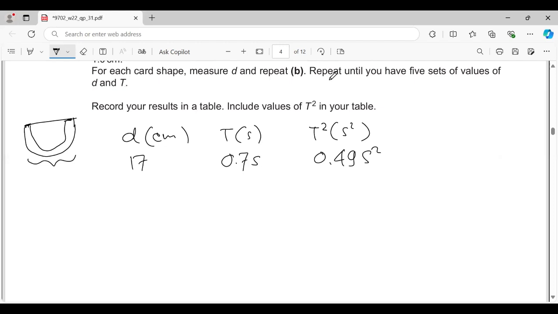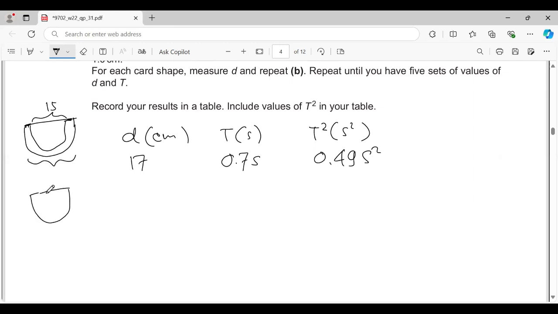And according to this information, for each card shape, measure D and repeat. Okay, ready? Repeat until you have 5 sets of values of D and T. So the remaining is 15. Of course, if we cut, it's going to be 15.